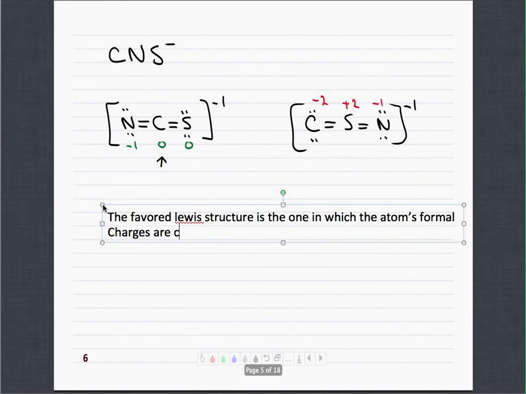In other words, your second step after having those two Lewis structures is to calculate the formal charge for each atom inside each Lewis structure.